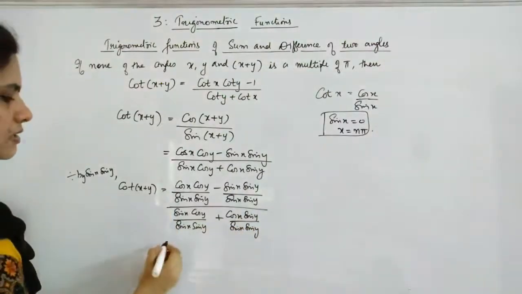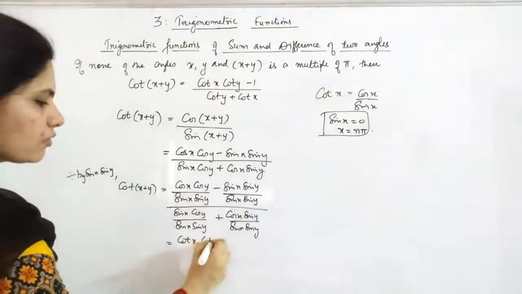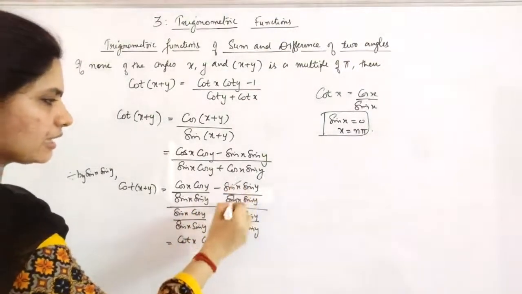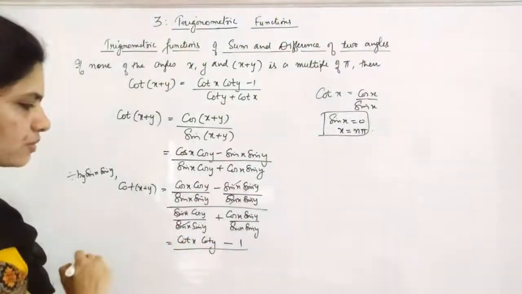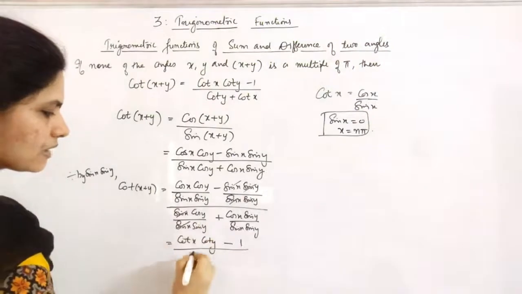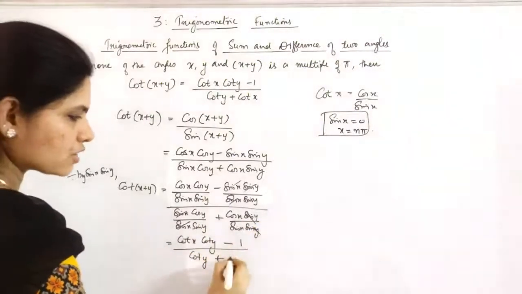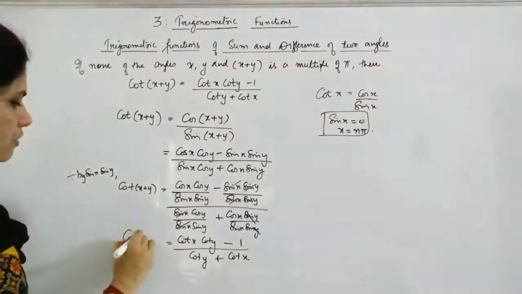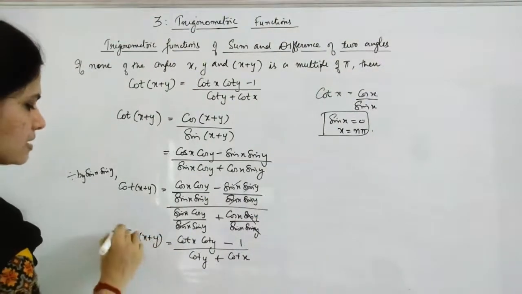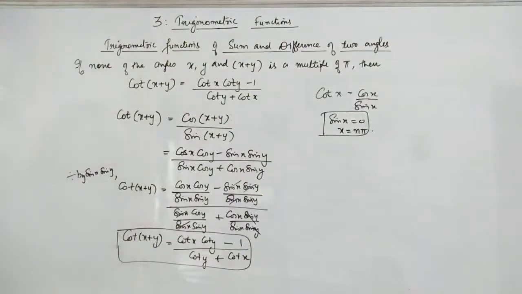So cos x by sin x will give you cot x, cos y by sin y will give you cot y, minus this total will get cancelled and you will get 1 divided by, here sin x will get cancelled, so that cos by sin will give you cot y, plus sin y will get cancelled here and you will get cos x by sin x as cot x. So this is your formula for cot of x plus y. Okay, cot of x plus y is cot x cot y minus 1 divided by cot y plus cot x.